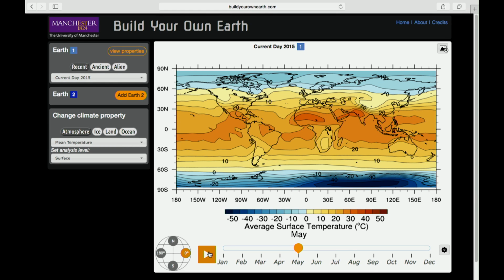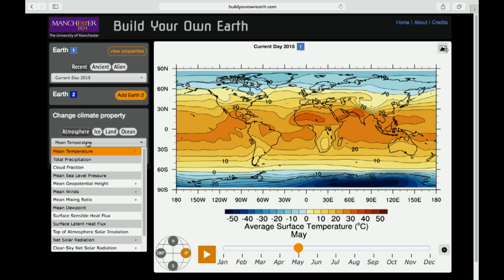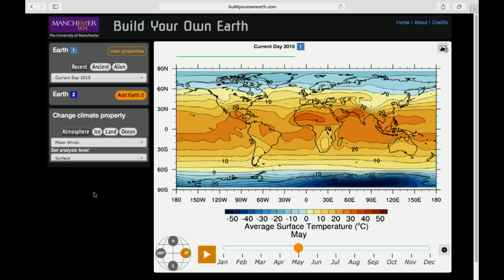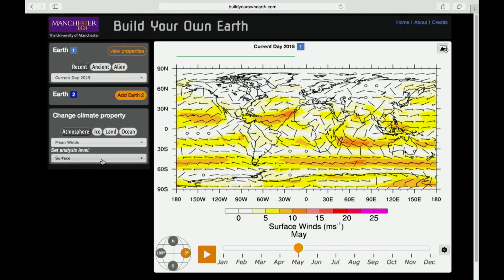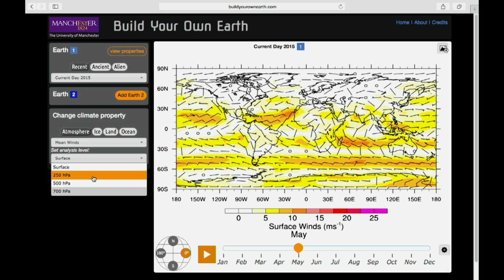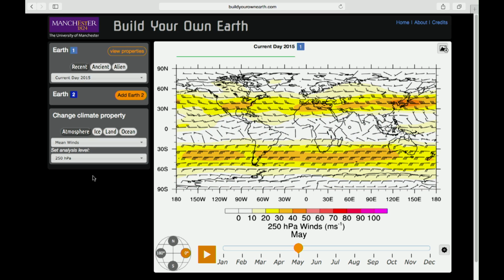Okay, so we're going to shift gears a little bit and look at the jet streams. These are regions of fast-moving winds aloft in the mid-latitudes of each hemisphere. In order to look at the jet streams, we're going to want to change our climate properties to atmosphere, mean winds, and then select our analysis level at 250 hectopascal. 250 hectopascal is around 10 to 11 kilometers above sea level.